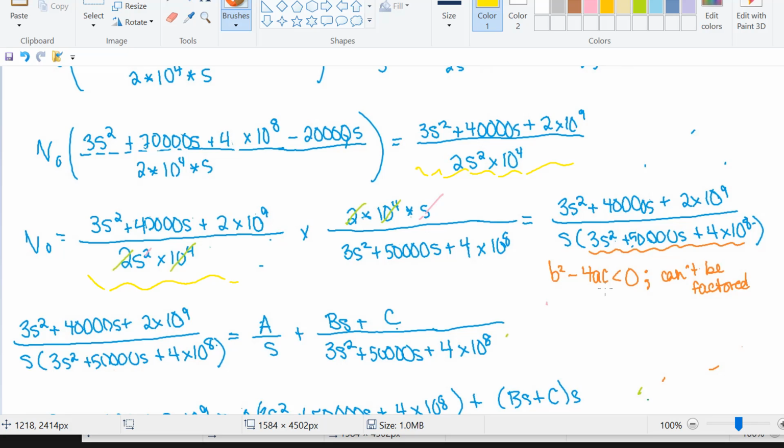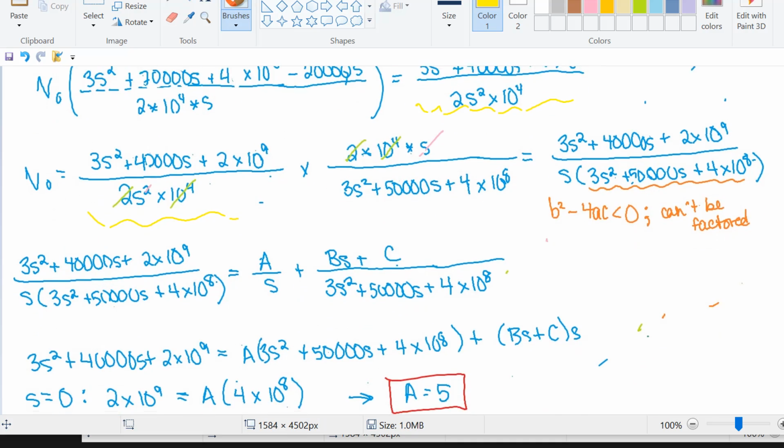Okay, so the first one is just A over the first factor, which is s, and then plus something over the second factor, and since that's quadratic, remember the numerator is linear, Bs plus C. And then I multiply both sides by the LCD to clear fractions.